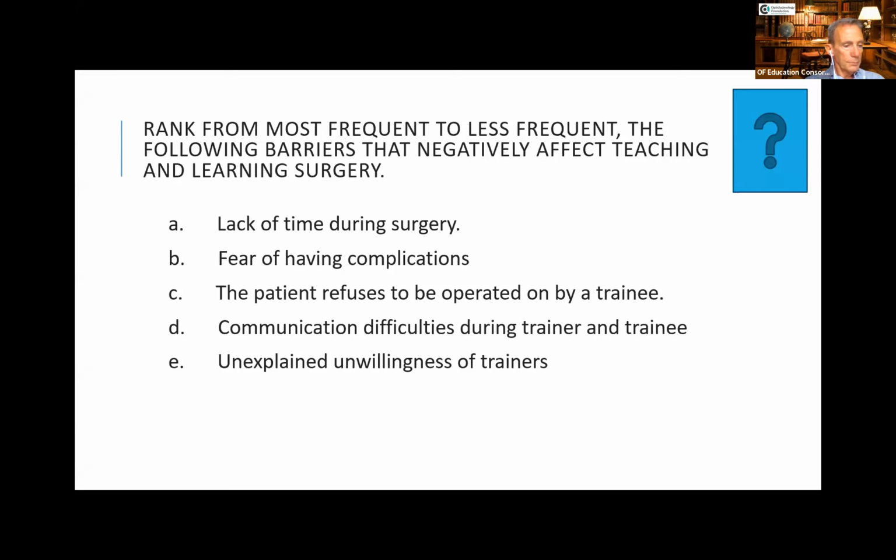The second one, 2, is the violet one that I think very little were chosen. And the least one is number 5, unexplained willingness of trainers to collaborate. Okay, thank you very much. Yes, lack of time during surgery probably is the most important barrier.